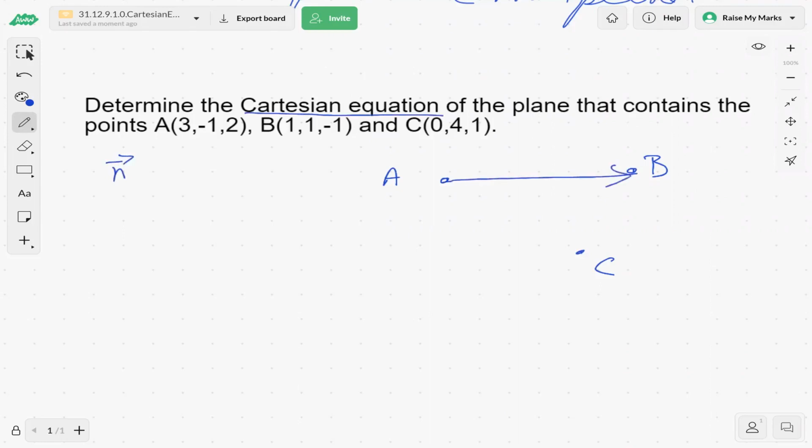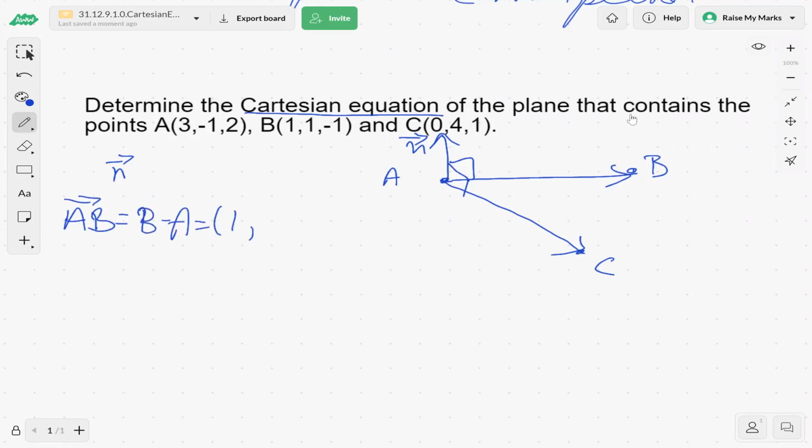Well, we can create 2 vectors. If we take their cross product, we're going to get a vector that's perpendicular to those first 2 vectors, and that will be our normal. So let's find our 2 vectors. Our first vector is AB. Let's find that one.